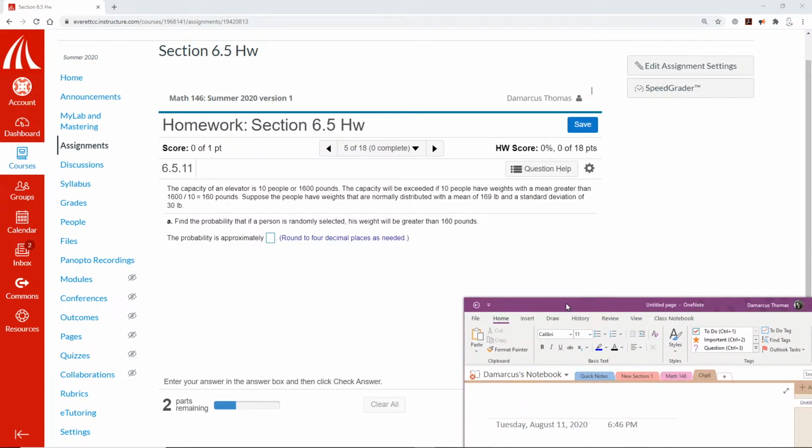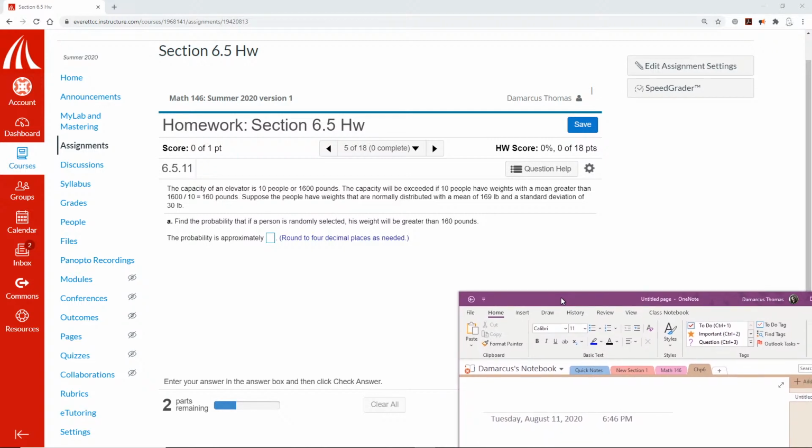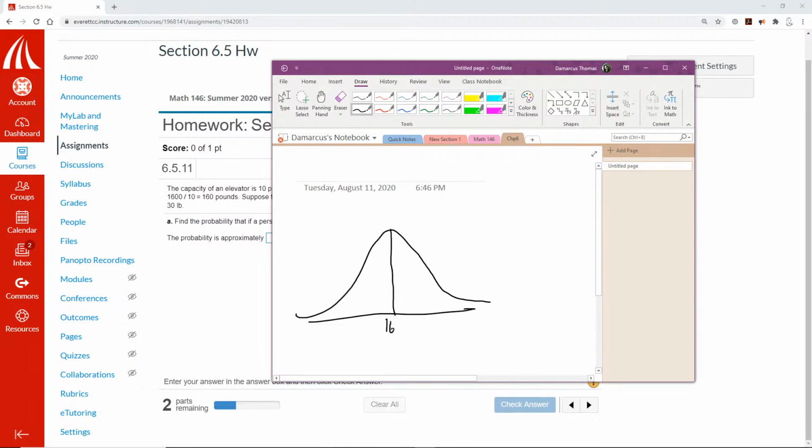So we're given that the mean of these weights is 169 and the deviation is 30. So what does that really look like? It looks like this. It means that right in the middle, the mean is 169, and it also means that the standard deviation is 30.